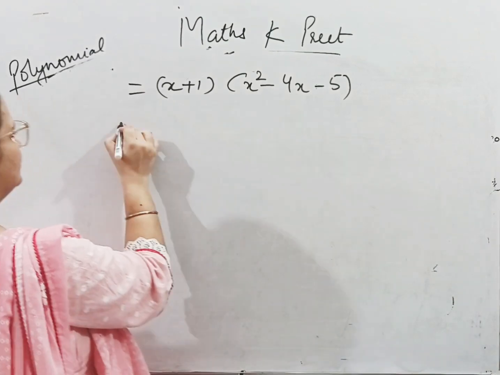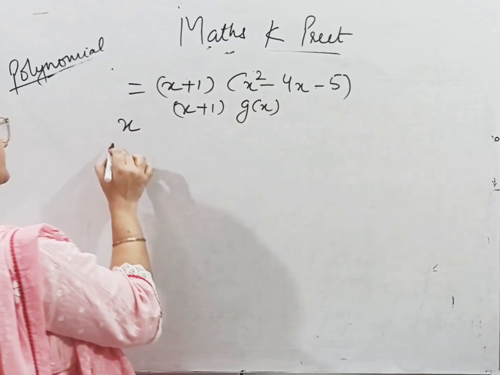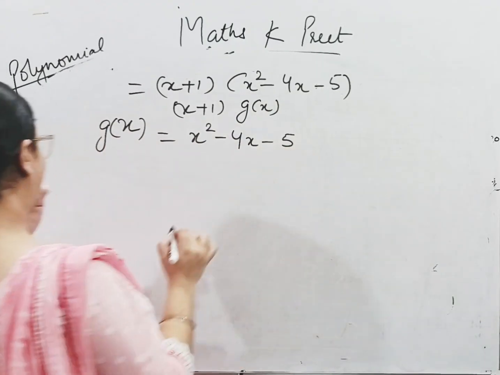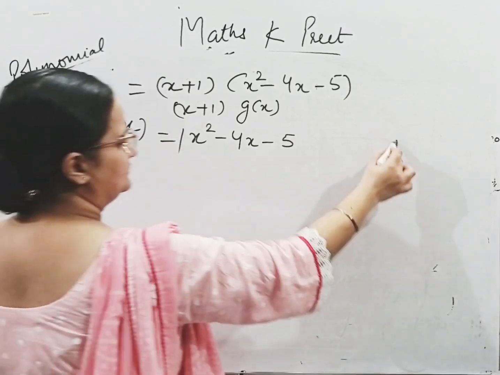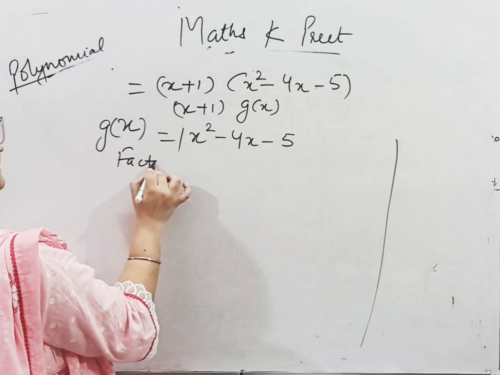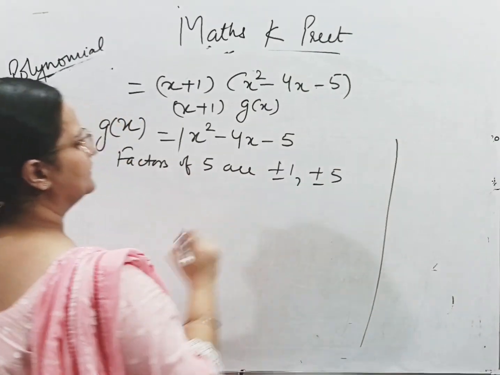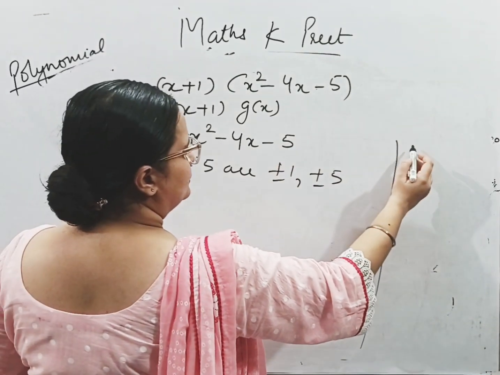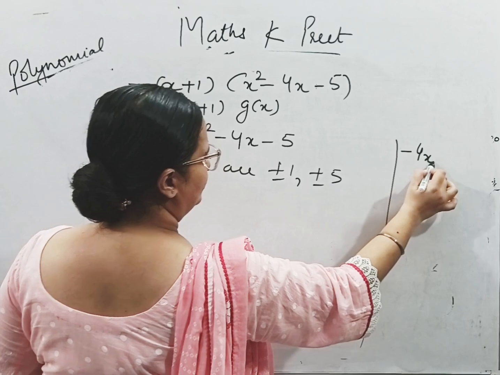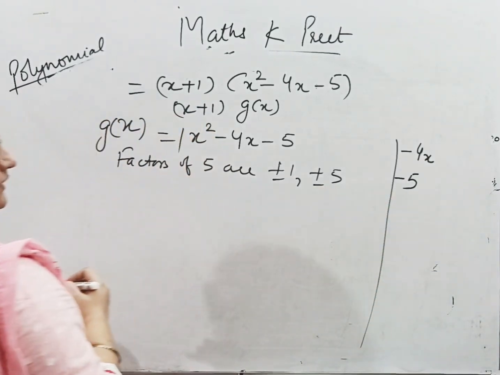So let's take this g of x. We can write this as x plus 1 and g of x. So our g of x is x square minus 4x minus 5. Let's solve this. Now here it is 1. So I will take the factors for 5. Factors of 5 are again plus minus 1 and plus minus 5. So in addition I must get minus 4x, and on multiplication I must get minus 5, along with the signs.